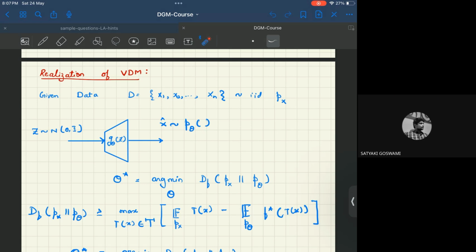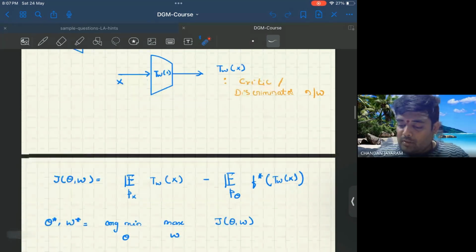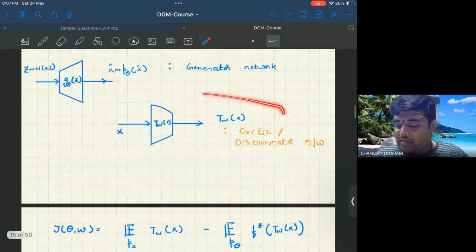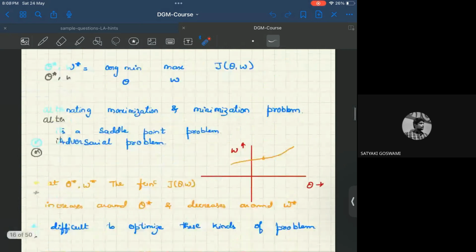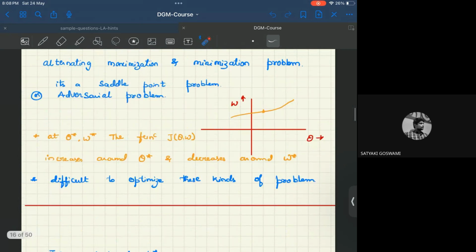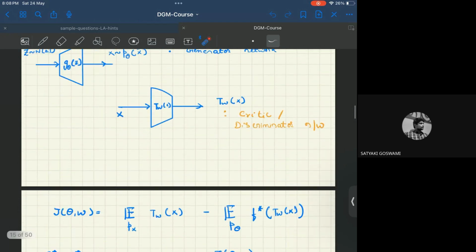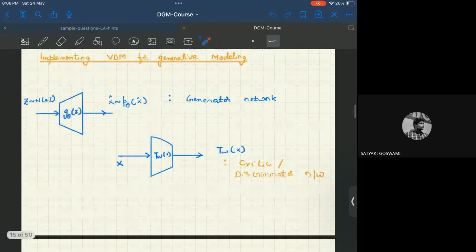No, sir, I have not started with GAN. So, the discriminator network. I was just going through the VDM parts and the discriminator. Since I have not started GAN, could you give me a small idea regarding what the discriminator does?